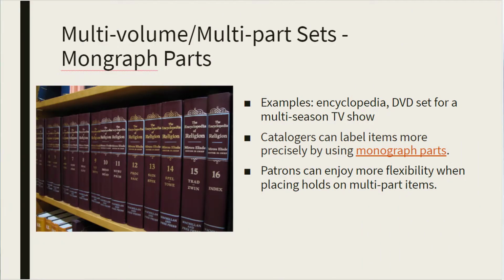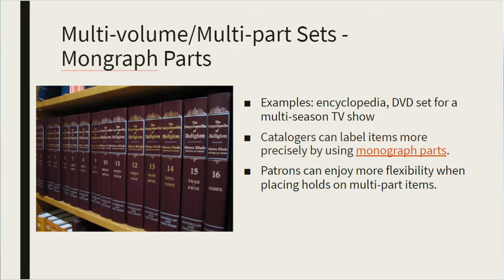I mentioned earlier we were going to come back to this, some multi-part sets. So these, most of the time for you guys, what you're probably working with is DVD sets. So you've got a TV show, you've got the whole season, it's 3 discs, it's 6 discs, it's whatever. That's a multi-part set where you could potentially circulate each of the discs by itself, but they are part of a unit.